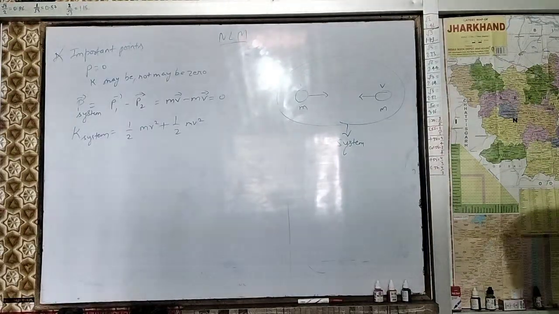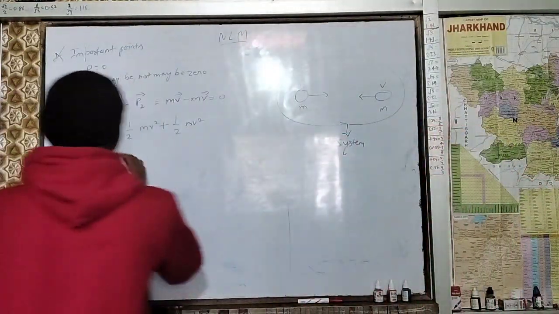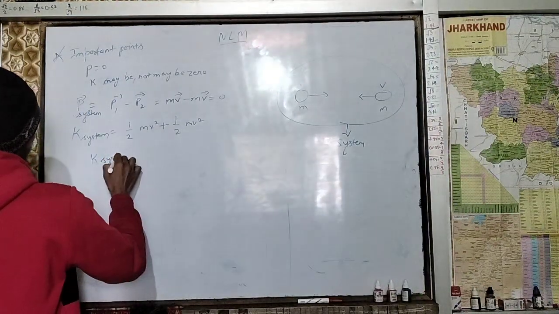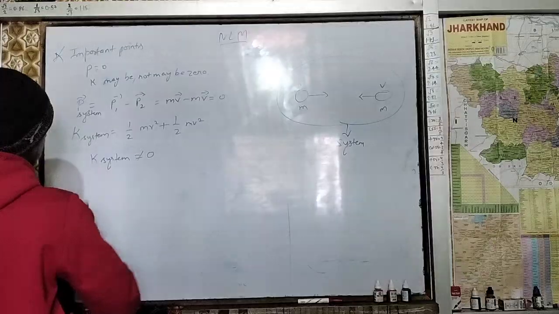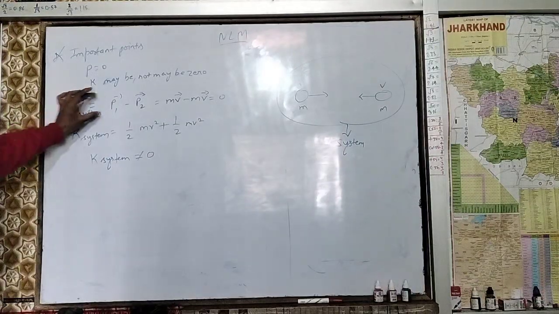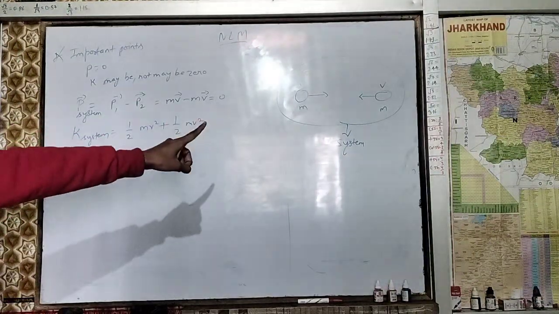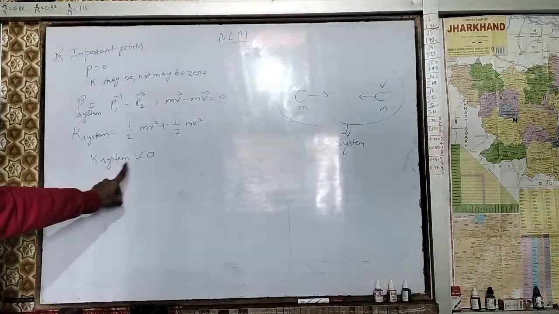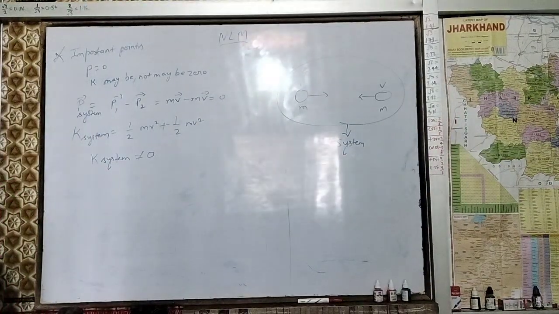So the kinetic energy of the system for this figure will not be equal to 0. The momentum becomes 0 for this figure, but the kinetic energy does not. This was the first fact.